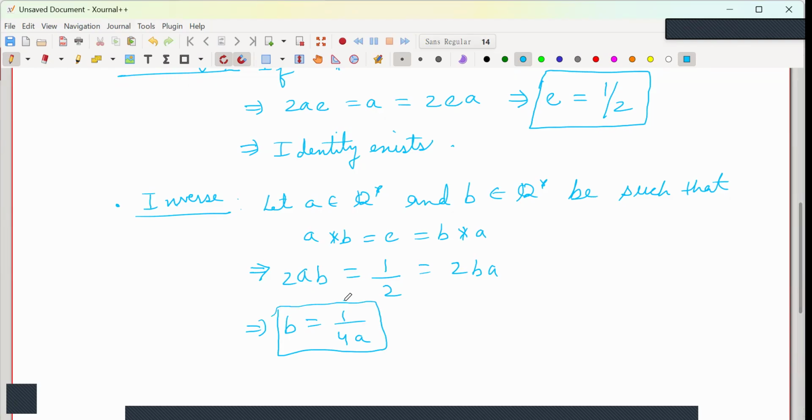So for any A, this again belongs to Q star. Since A is non-zero, this is well defined. So for any non-zero rational A, B equal to 1 upon 4A is its inverse under this operation. Okay.